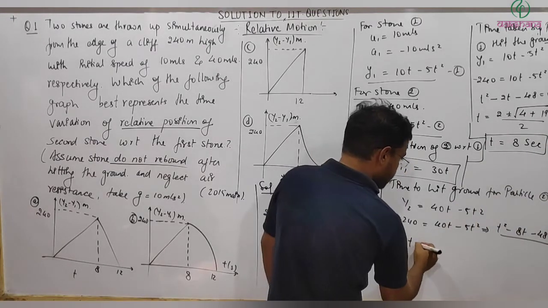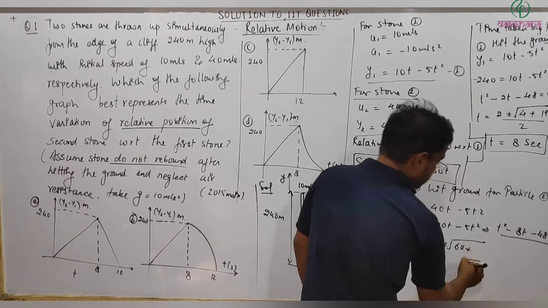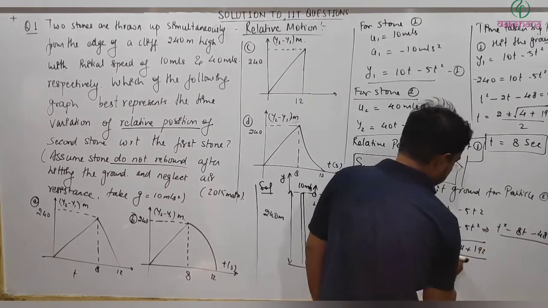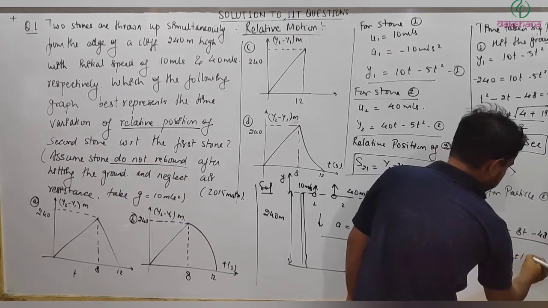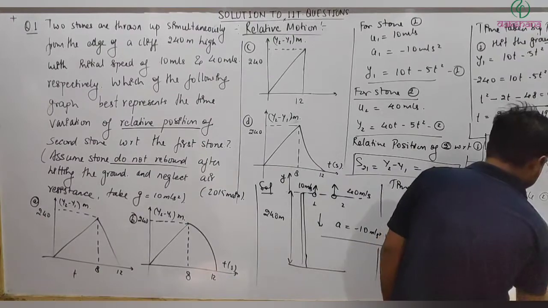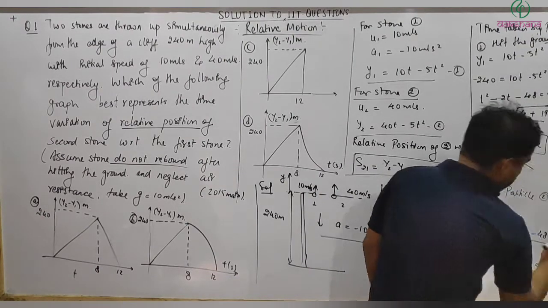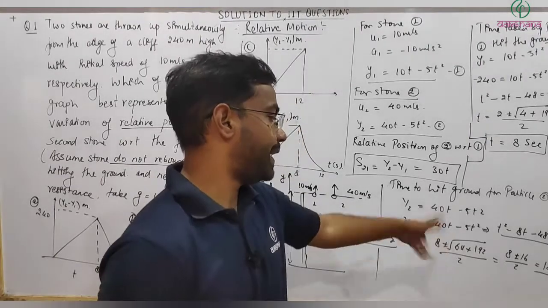Similarly, solving for this, it comes 8 plus minus under root 64 plus 192 divided by 2, that comes 8 plus minus 16 divided by 2, again negative will not be there, so it comes out to be 12 seconds. So 12 seconds is the time when both the stones will be on the ground, and after that the story will be over.